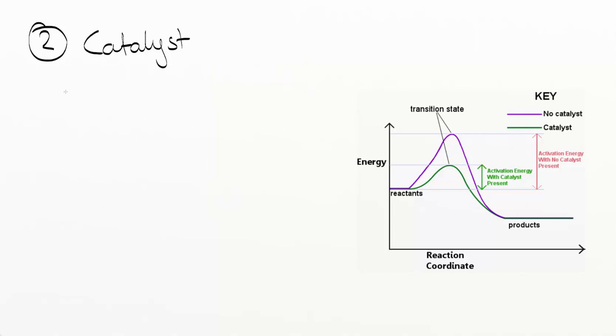So the way that we answer this, if they ask you how does a catalyst work to increase the rate of reaction, is you first of all define the catalyst. A catalyst is something that increases the rate of reaction without being used up by providing an alternative reaction pathway with a lower activation energy.